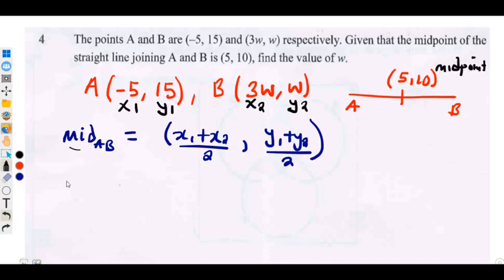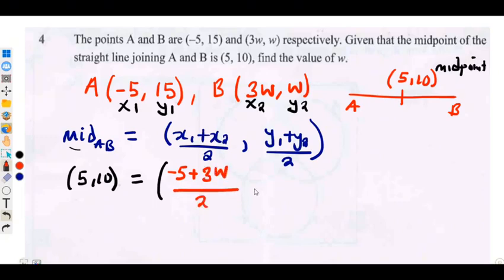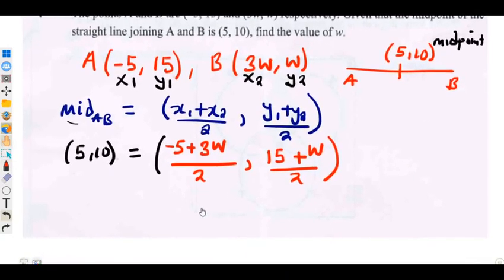So where there is midpoint, we are going to put (5, 10) equal to, where there is x1, we are going to put negative 5, plus where there is x2, we are going to put 3w over 2, comma, where there is y1, we are going to put 15, plus where there is y2, we are going to put w over 2. So this is what you are going to have.